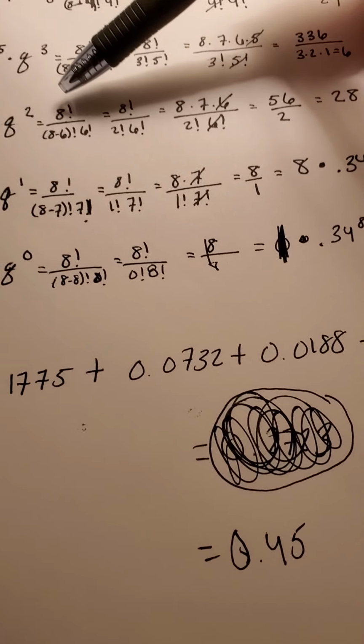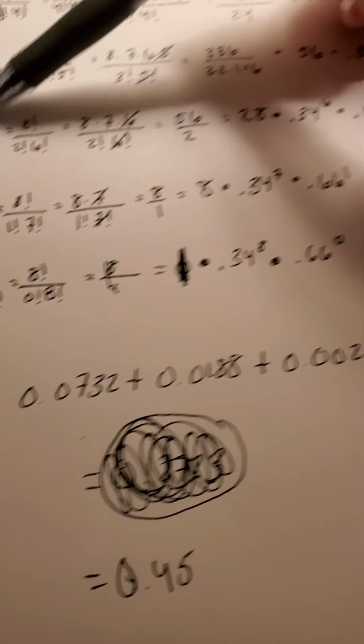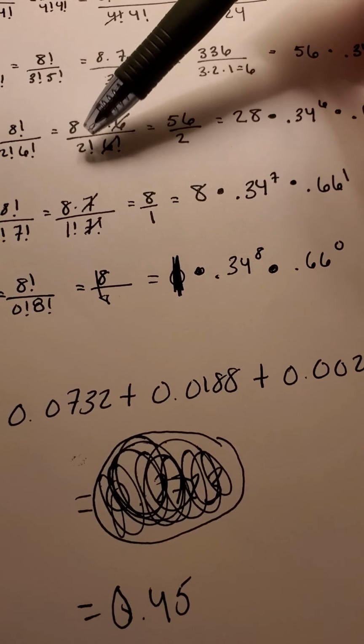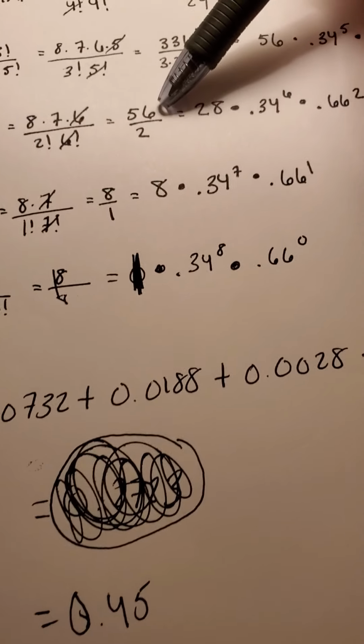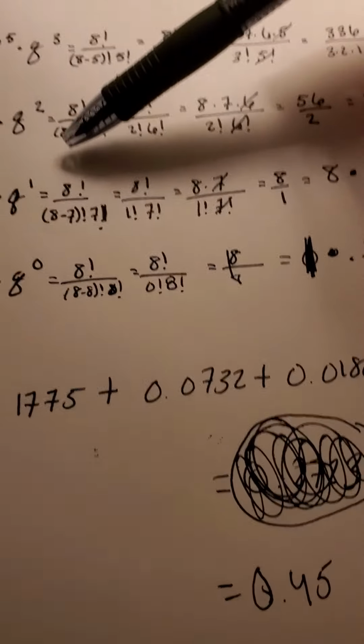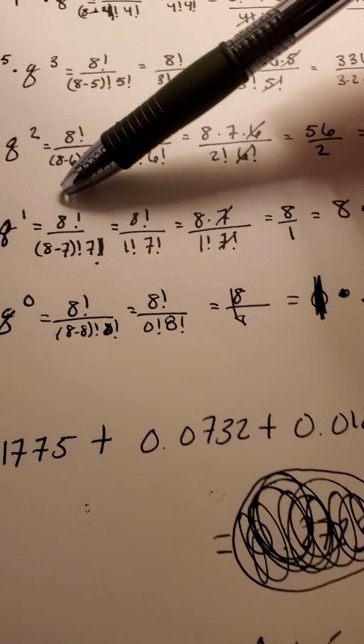We come down to the combination of 6, once again using your combination formula. Then we do 8 times 7, and 2 times 1, you get 56 divided by 2, which becomes 28. Then you come over here and do the combination for 7.